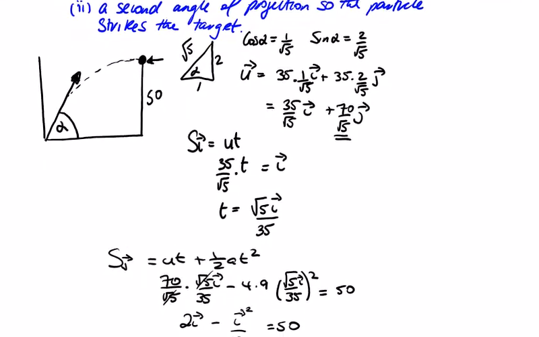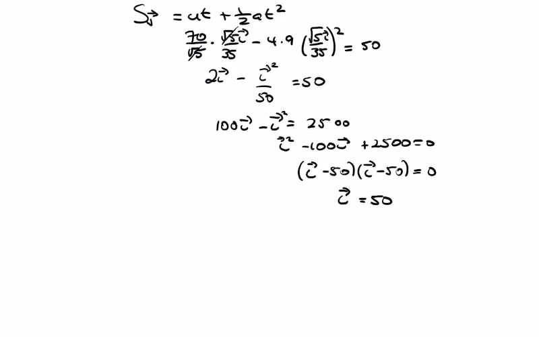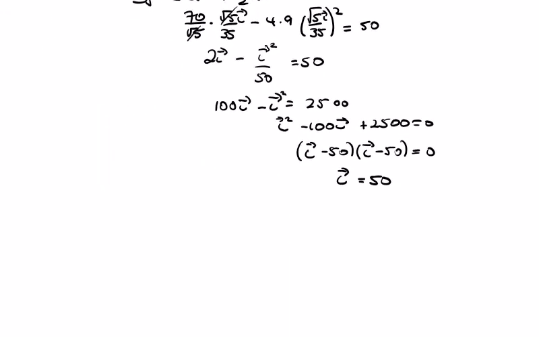Okay, we need to use a second angle, so the alpha will be different. So let's have a look at the time taken to get there. So ut is going to be equal to 50 in the x direction.